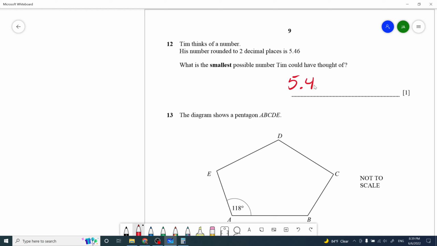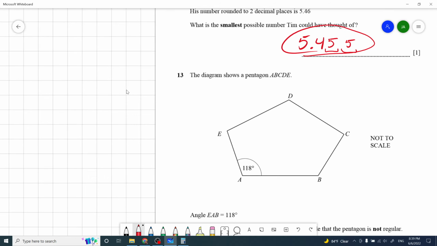So 5.4 something something. If he rounded up, that means he would have had to add 1 to the 5. And the lowest number he could have rounded up from would be 5.455. Everything after that would be 000, which you don't have to include in a decimal, so this is already a sufficient answer. In fact, this is the answer.